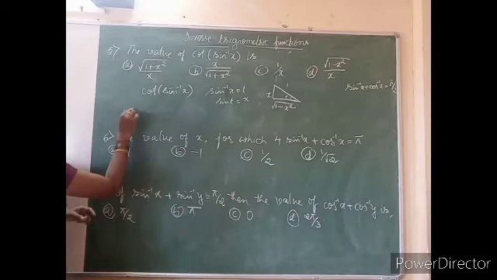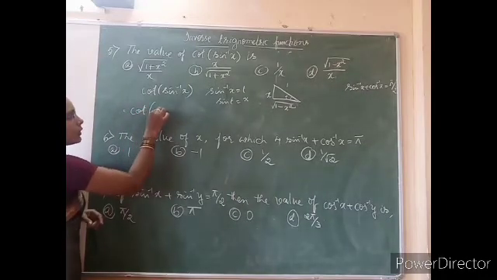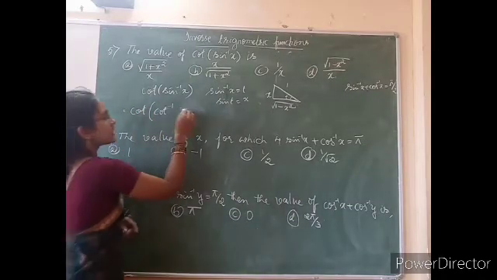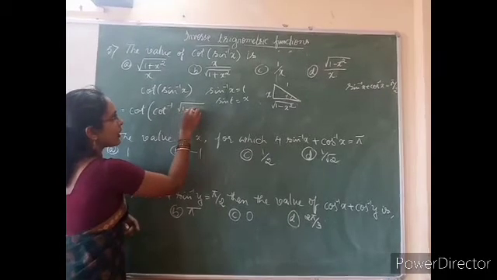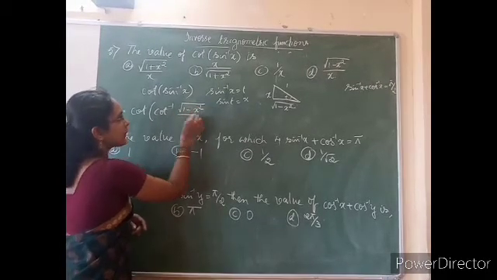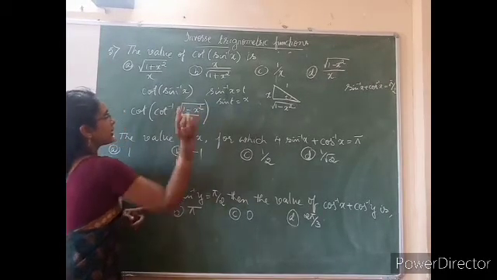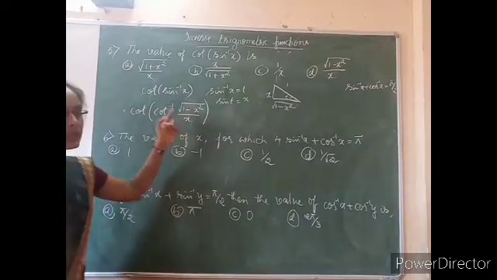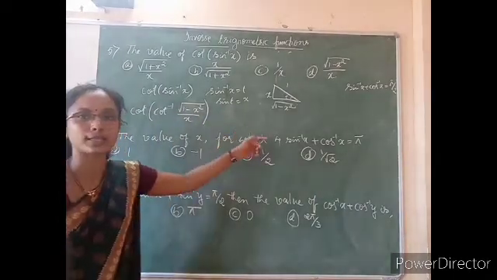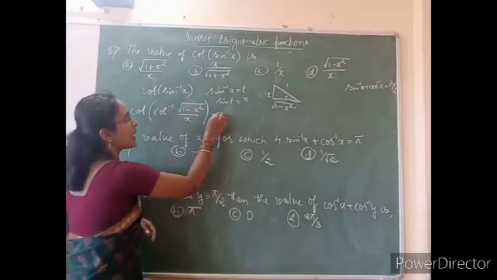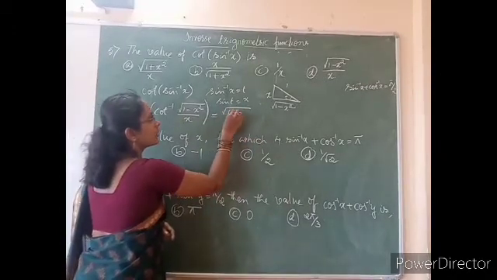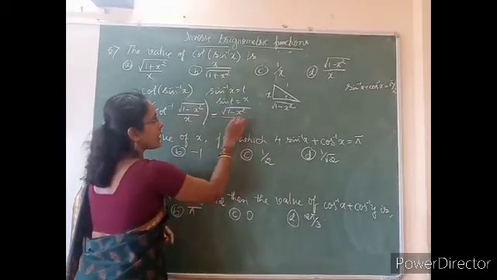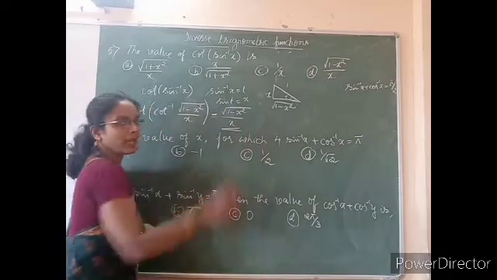Therefore, this can be written as cot of cot inverse of adjacent, square root of 1 minus x square, divided by opposite, x. So cot of cot inverse of that is equal to that. Using that concept, the value of this expression is root of 1 minus x square divided by x.